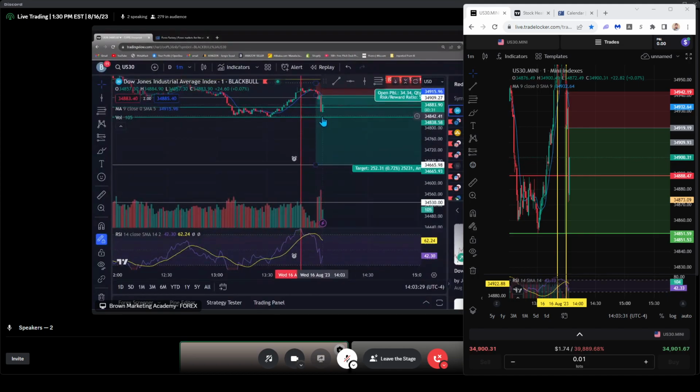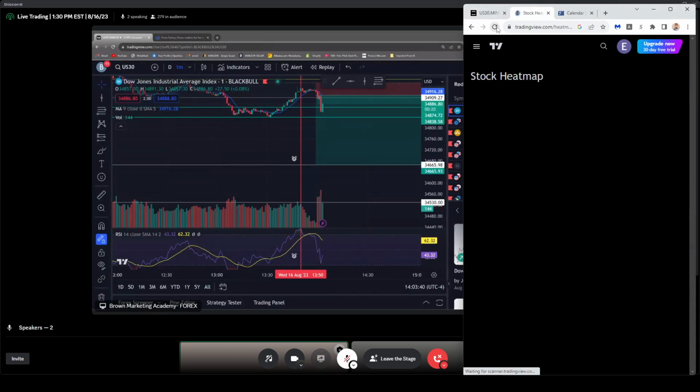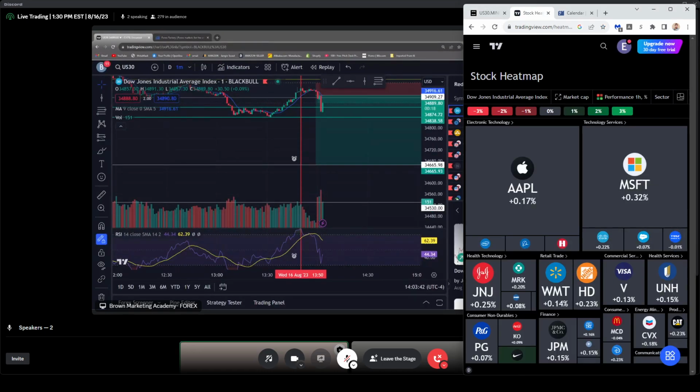We need to break this area. Let me check the heat map if it's turning red as well. You guys should check yours as well. Not that red. It's a little bit red, but not that red.